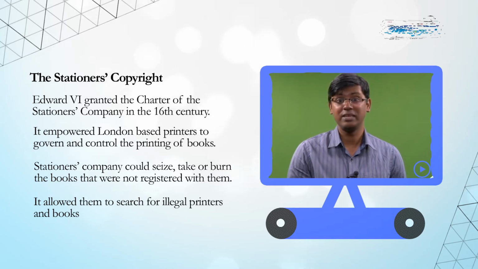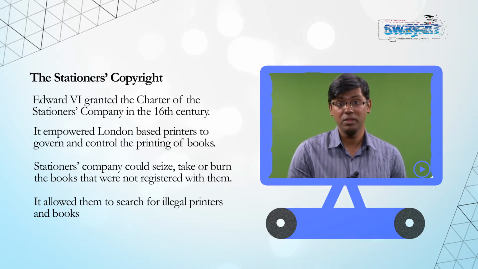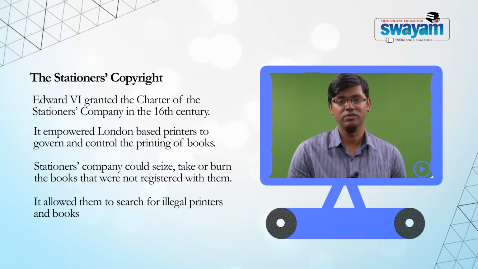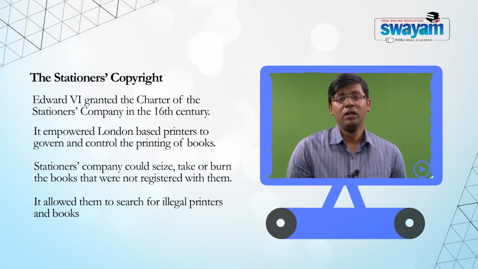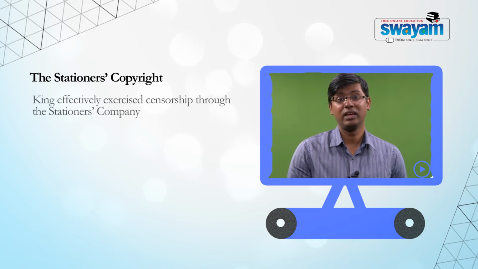They had the seizing power. They could burn the books that were not registered with the Stationers' Company. Later on, the king effectively exercised the censorship through the company. So, in effect, you had a chain system wherein the king would act through the Stationers' Company.